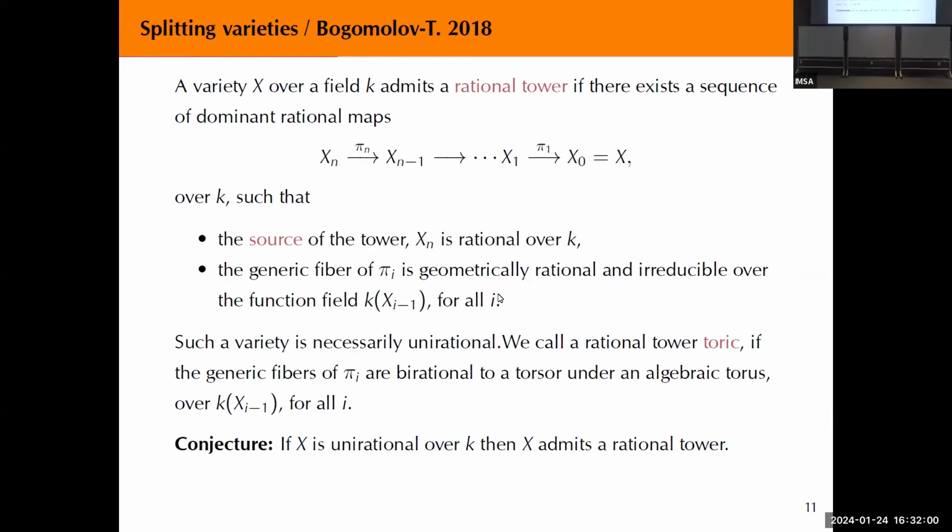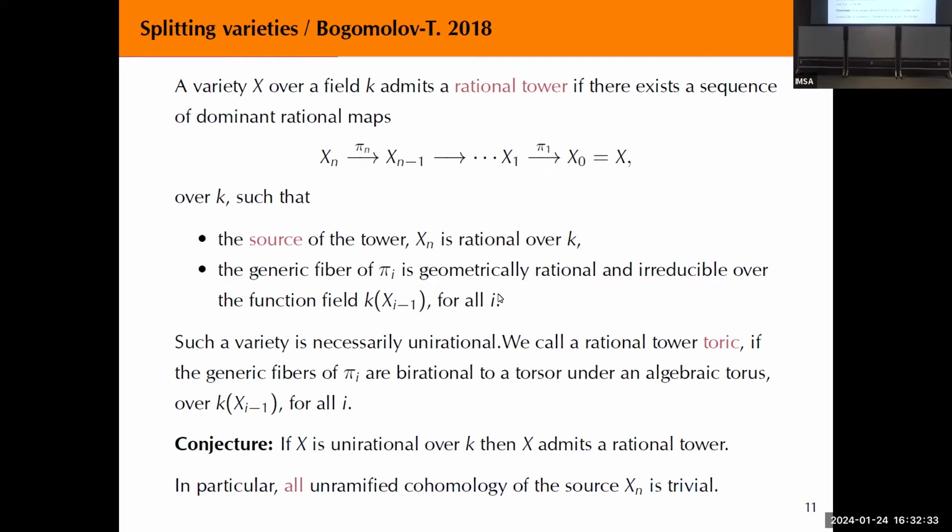And then the conjecture: we think about unirational varieties, maybe every unirational variety admits such a rational tower. Now, as always, there are some obstructions to rationality for unirational varieties: Brauer groups, unramified cohomology. And then, of course, if you pass up the chain, that would mean that all those classes are killed at the top.